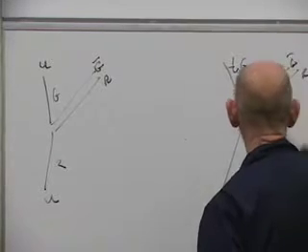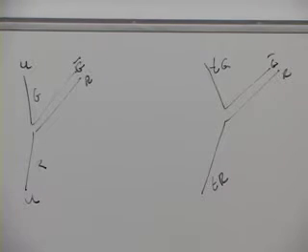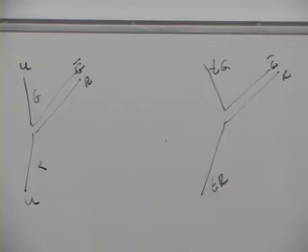Red, green bar, gluon. All right. So the symmetry takes whole rows and mixes them into each other.